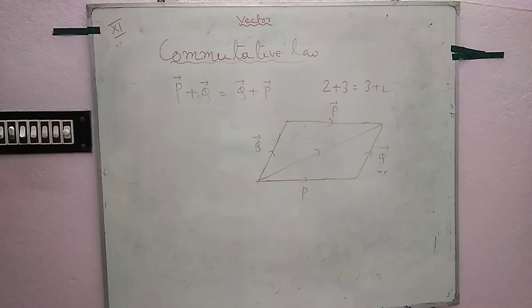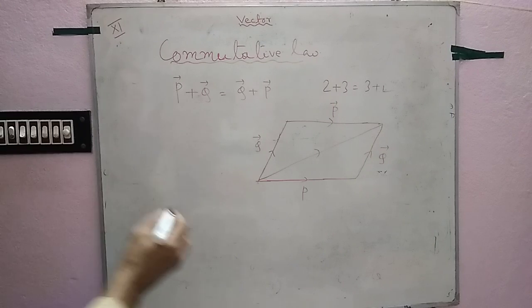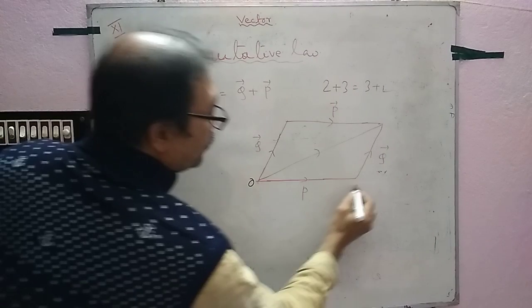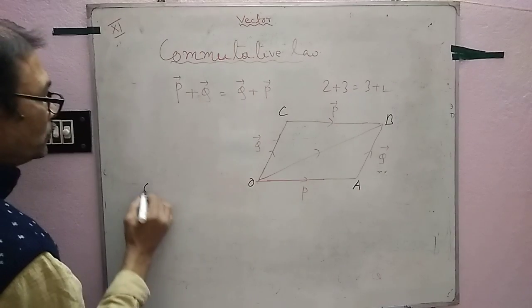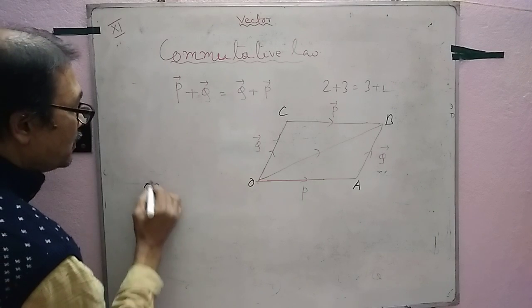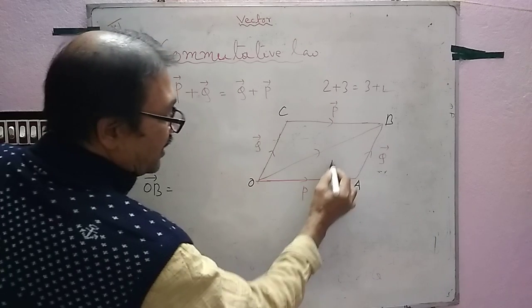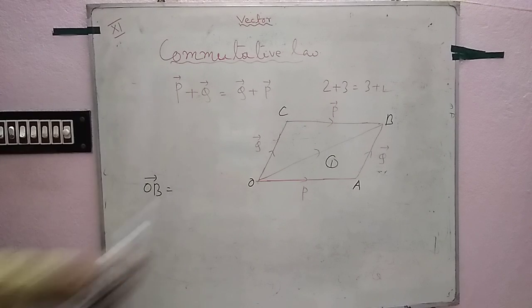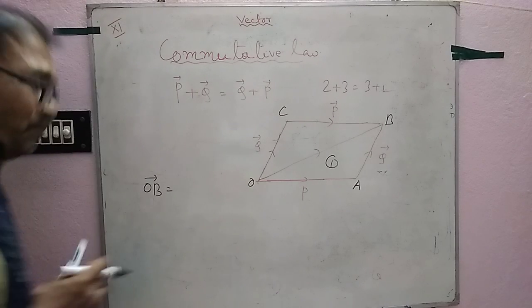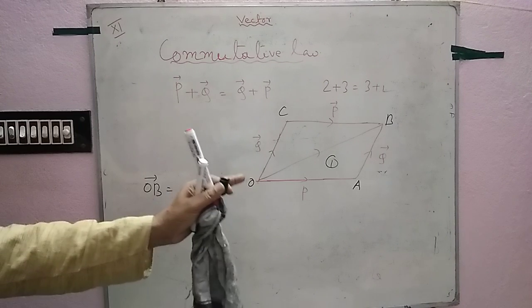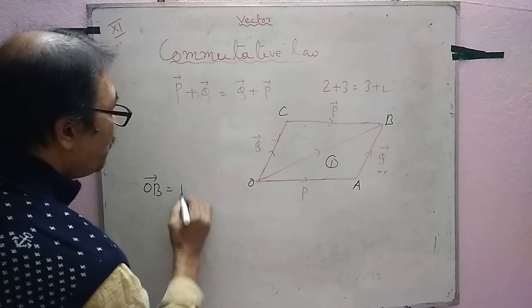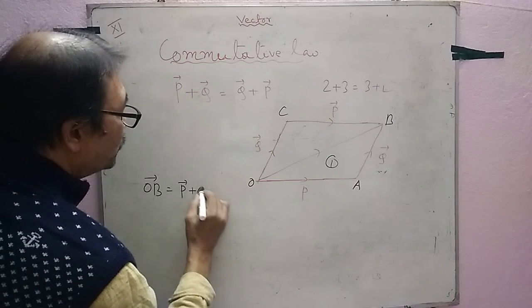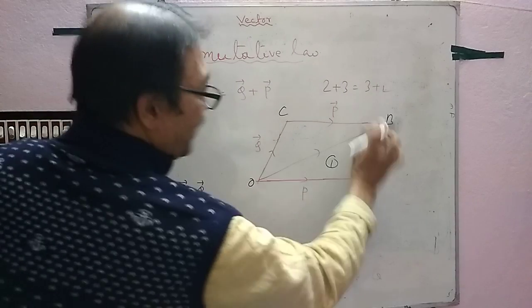From this figure, parallelogram O, A, B, C. Now, OB from this triangle, triangle 1, that is the lower triangle, from the triangular law of vector addition, we get OB equal to P plus Q, OB equal to OA plus AB.